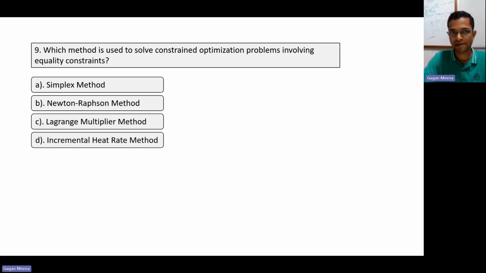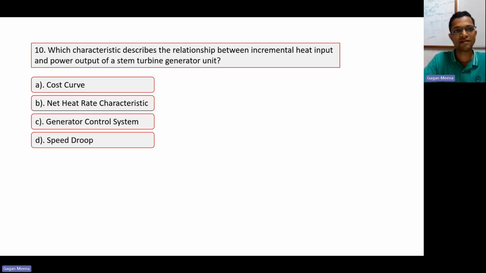Simplex method is for LP. Here it is asking for any type of constrained optimization problem. Then Newton-Raphson and incremental heat rate method are not correct. Answer would be here Lagrange multiplier, right? We've already seen that it helps us to incorporate the equality and inequality constraints.